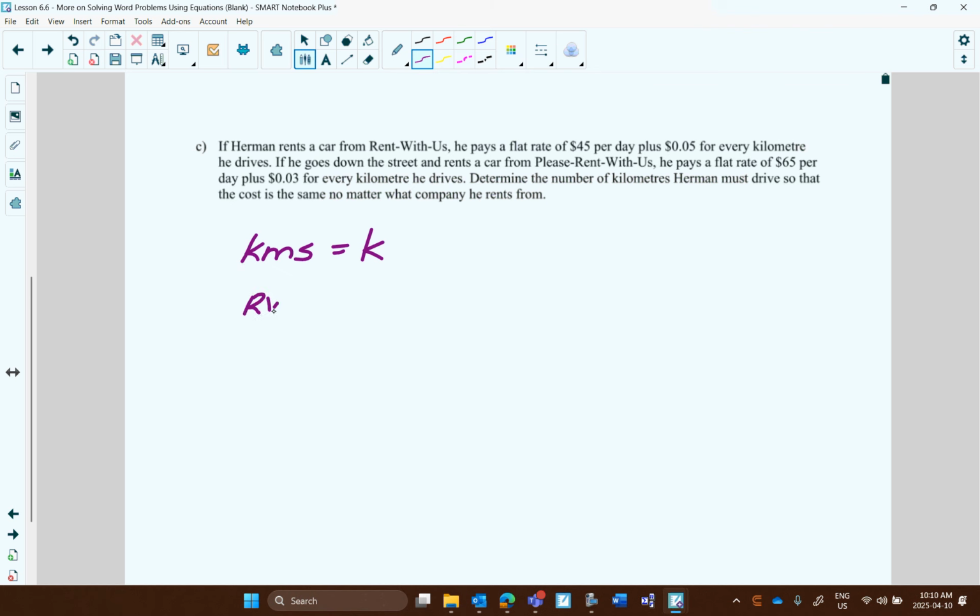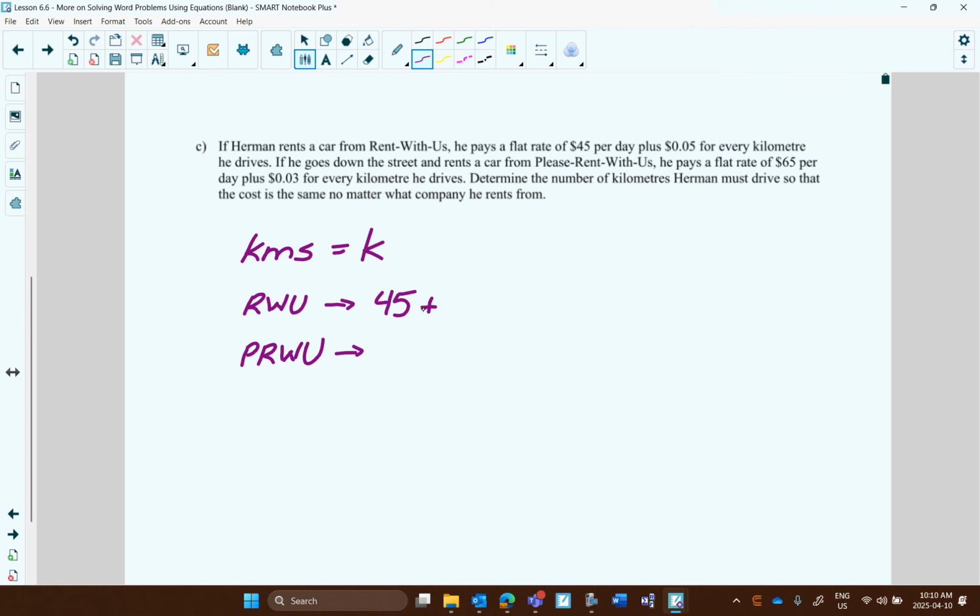Now we have to come up with expressions for the cost from Rent With Us and Please Rent With Us. So for Rent With Us, how much does he pay before he drives? 45.